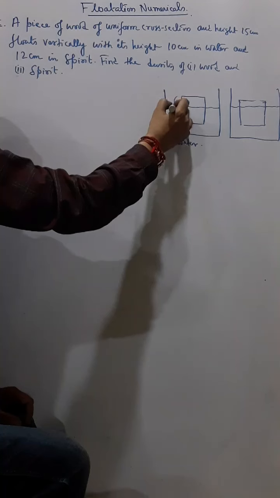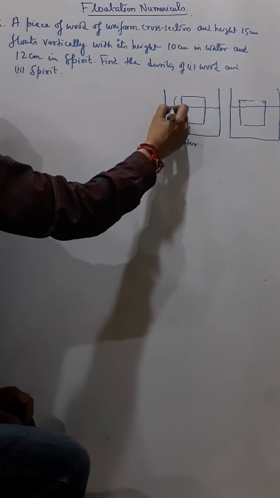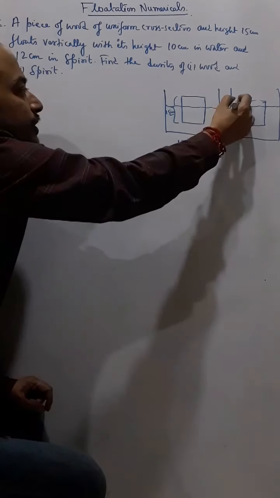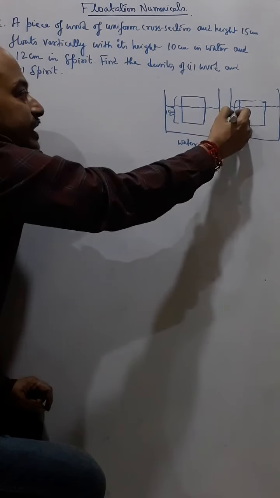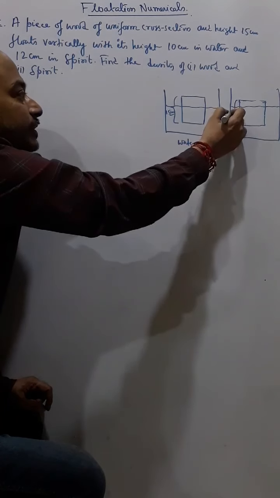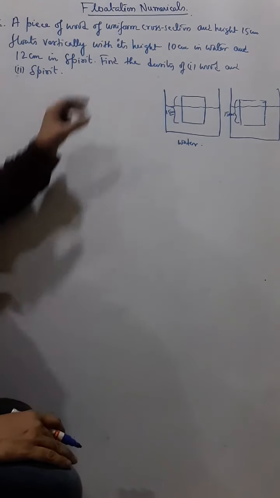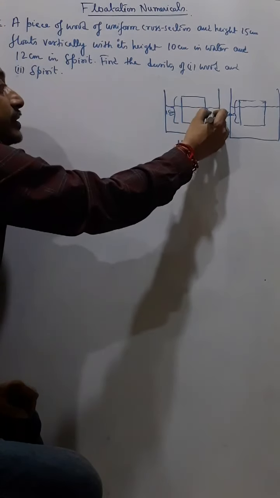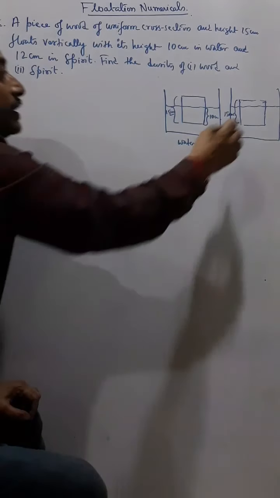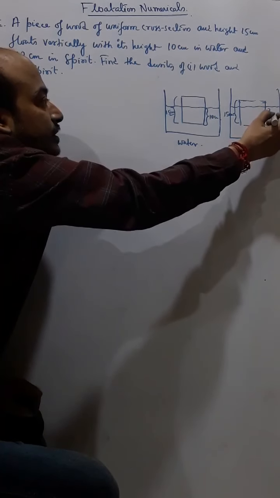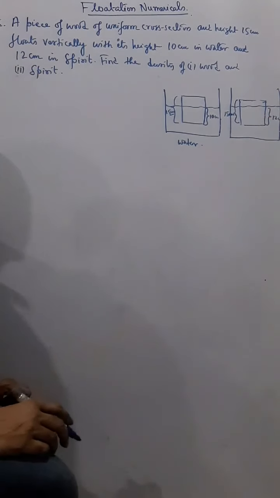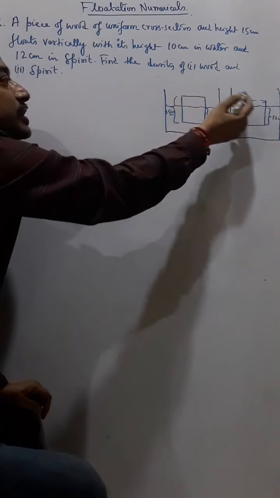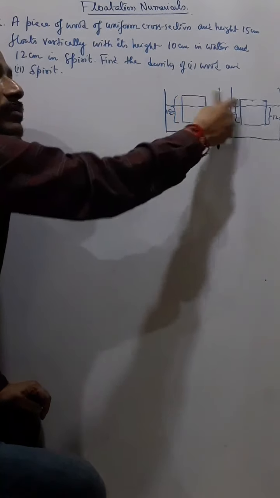The total length is 15. Diagram is not necessary, but if you draw the diagram you can have a clear idea. Under water it is 10 centimeter, so this height is 10 centimeter, and under the spirit this height is 12 centimeters. The cross section is uniform, and that means their cross sectional area is the same. Naturally they are the same log of wood.